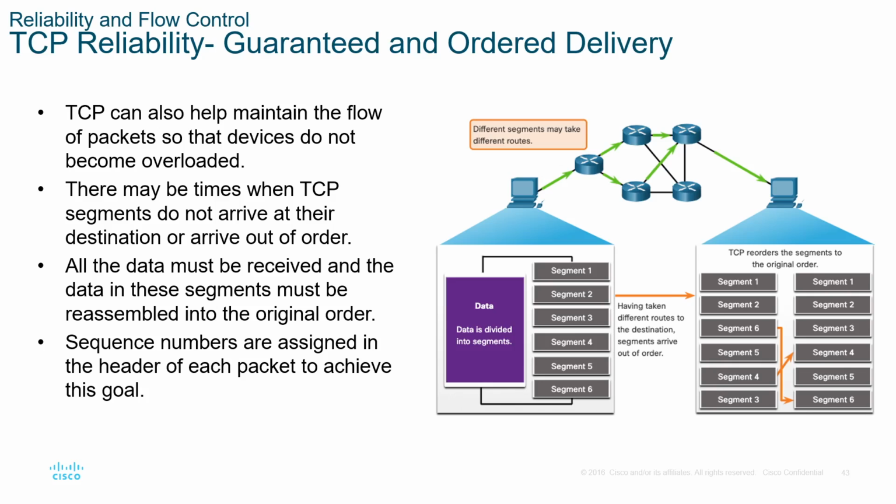There are times when TCP segments do not arrive at the destination in order, and we can reassemble them. The segments must be reassembled so that they match the original, so that we have 1, 2, 3, 4, 5, 6, and not 1, 2, 6, 5, 4, 3, like we're seeing here. Again, these sequence numbers are assigned and maintained as part of the TCP process.